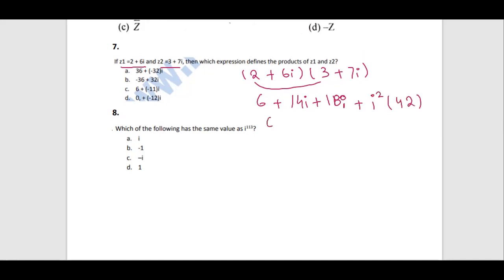Okay, so 14i plus 18i is 32i, and i square is minus 42. So 6 minus 42 is basically minus 36, plus 32i. So B is the answer, right?